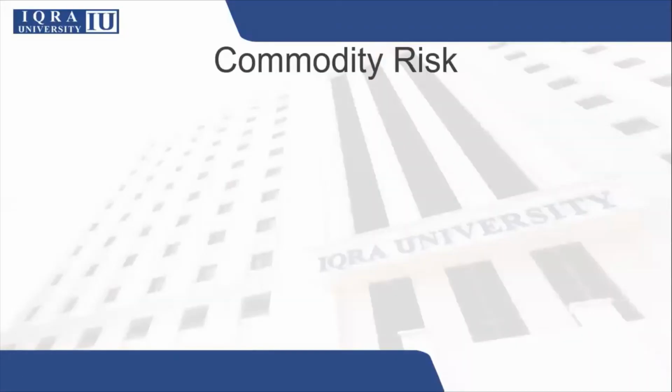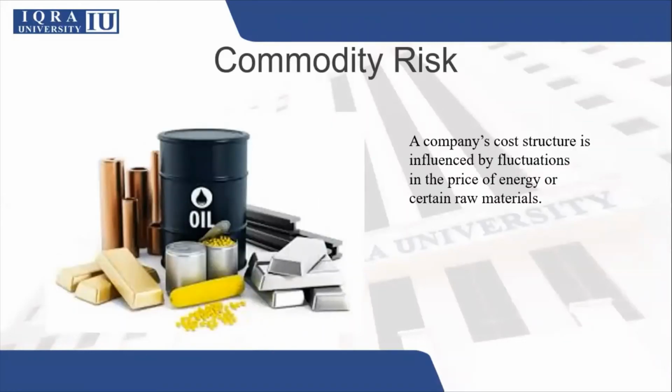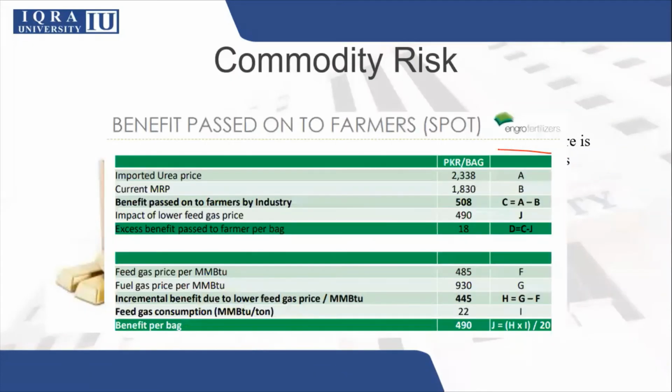Now over here, we're going to discuss commodity risk. Commodity risk basically arises because of the cost structure of a business, and the fluctuations caused in this cost structure because of a change in the price of energy or certain raw materials. For example, consider agro fertilizers.